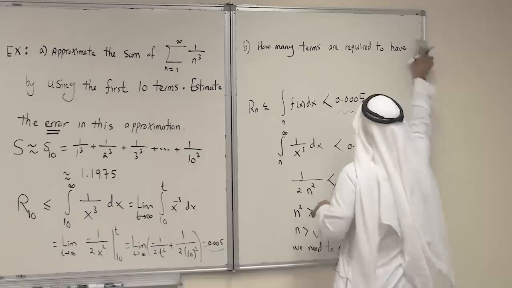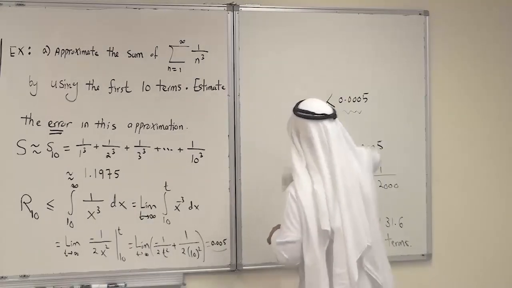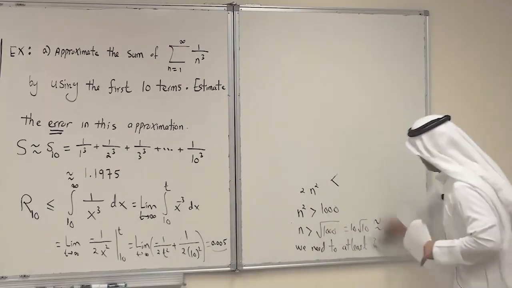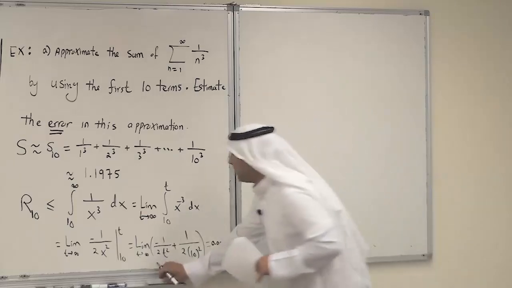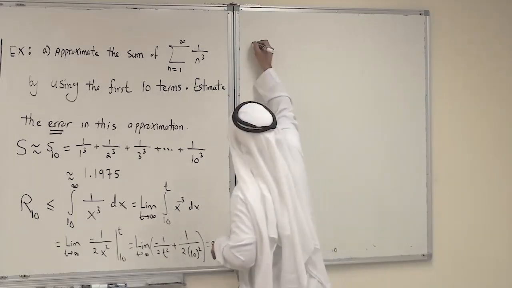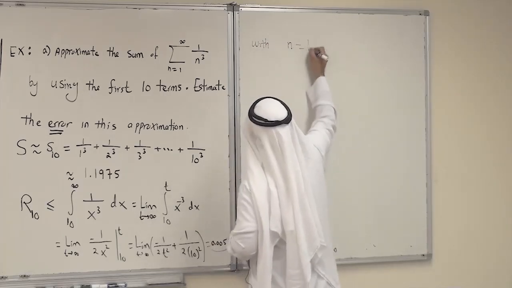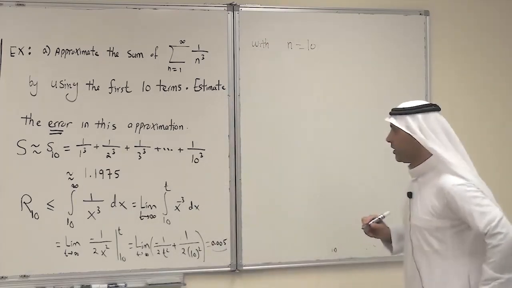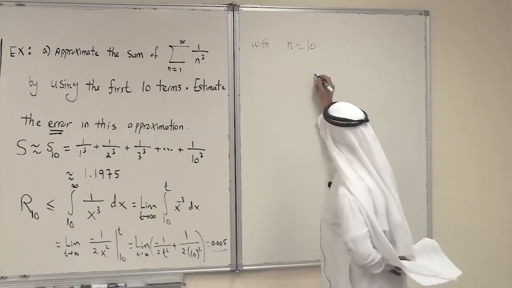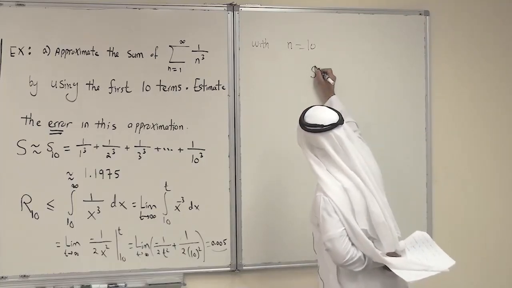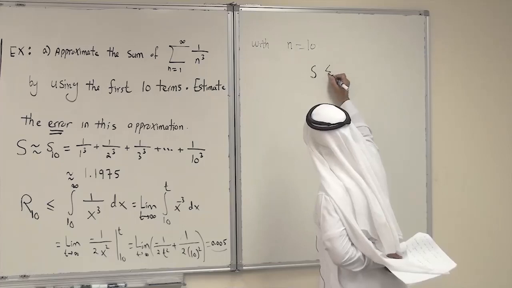This is like a remark we have at the end. With n equal to 10, let us take advantage of our calculation. We know that the exact sum is bounded between what and what?